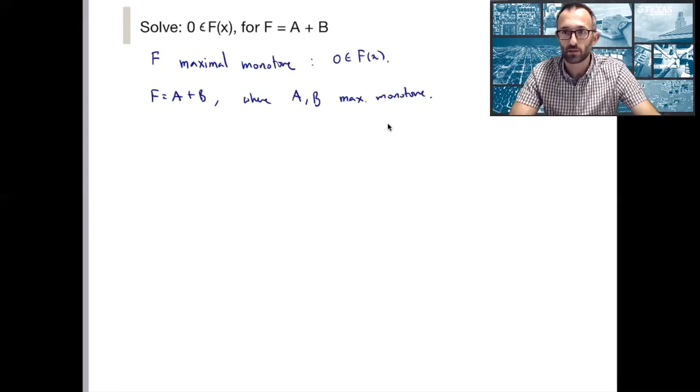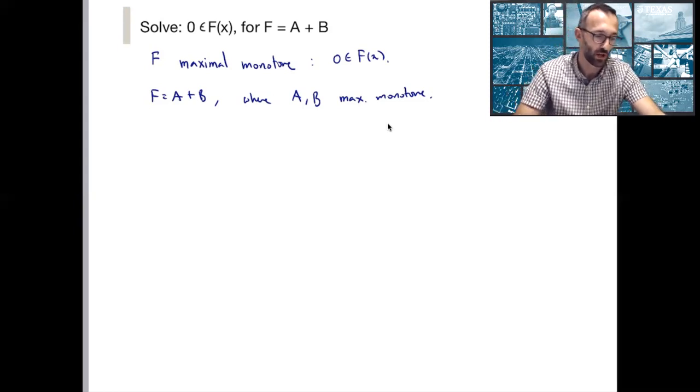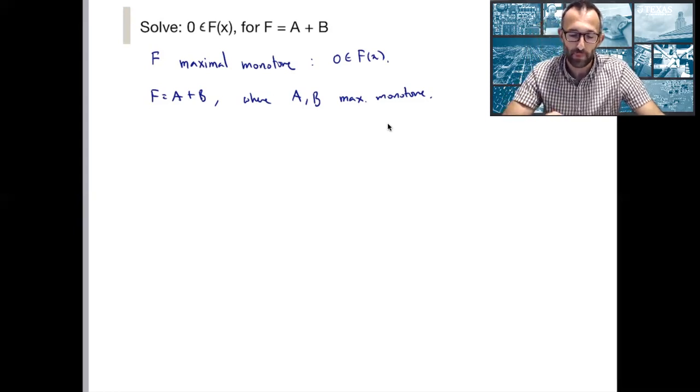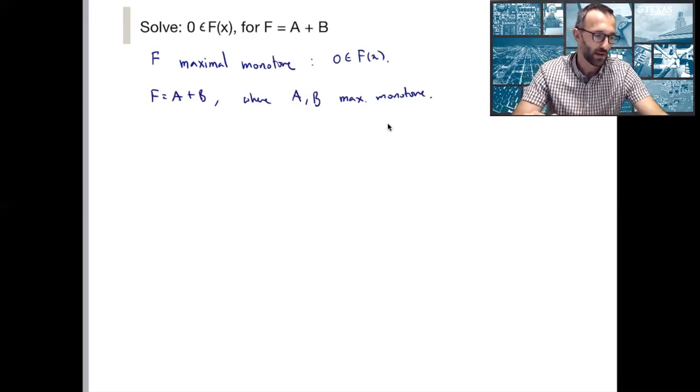This amounts to a special case, if a and b are subdifferentials, of trying to solve the optimization problem, minimize g of x plus h of x, whatever it is that we call it. We're going to stay in the slightly more general setting of maximal monotone relations and operators, and then specialize it to the optimization setting in a minute here.